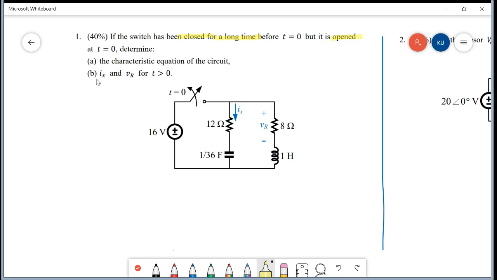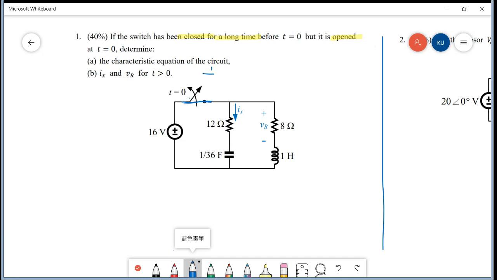And B, determine Ix and Vr for t larger than 0. So first of all, we'd like to determine the initial condition for this circuit. So actually we can draw it here.